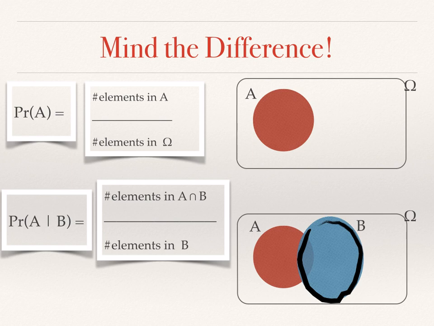In the numerator, we need to consider the elements that are both in A and in B, and that is why we have the intersection. Then we divide the number of elements in A intersection B by the number of elements in B, not in Omega, and this gives us the conditional probability of A conditional on B.